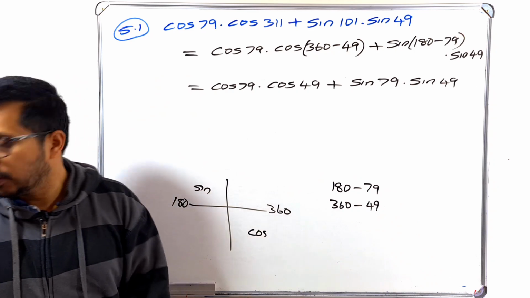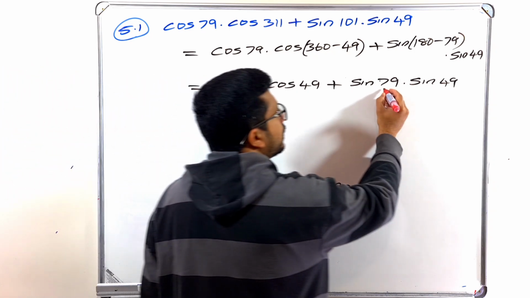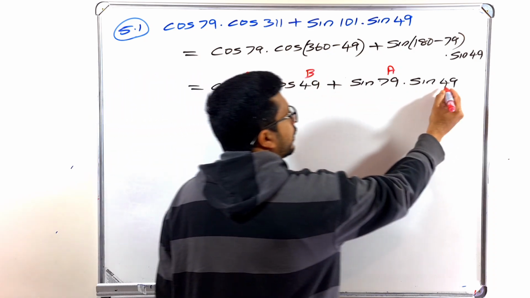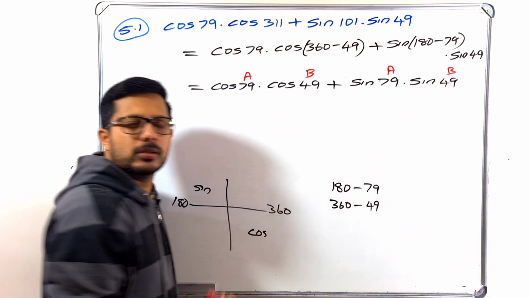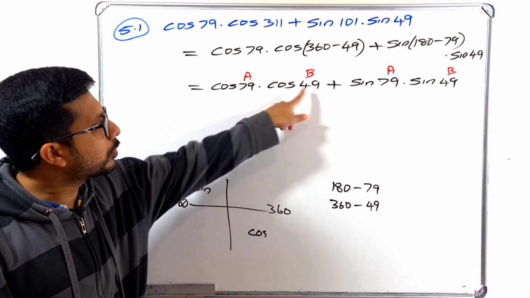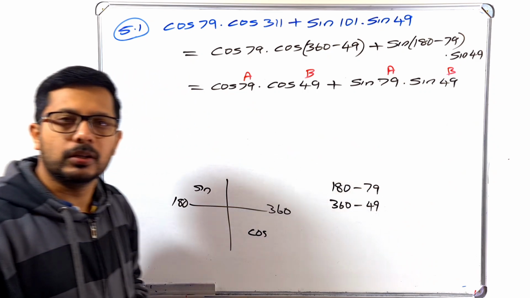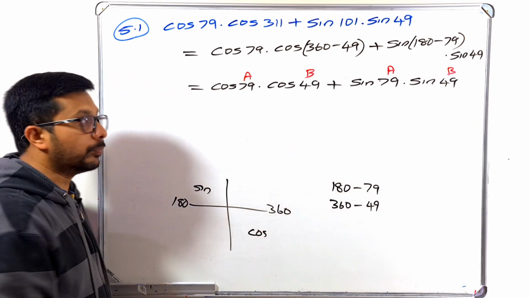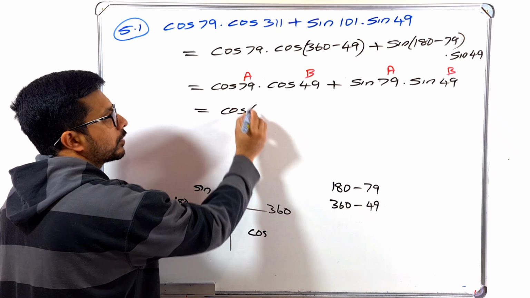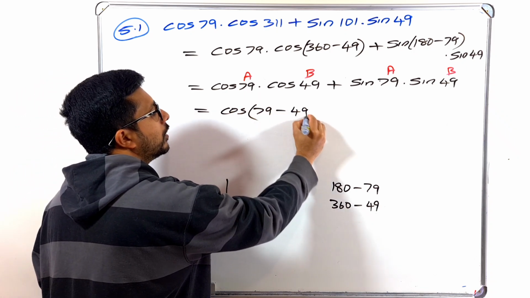If I call 79 as A, and 49 as B, then let's read it as A and B. Cos A cos B plus sine A sine B. What is that one? Cos of A minus B. You have to know that formula. A minus B means 79 minus 49.